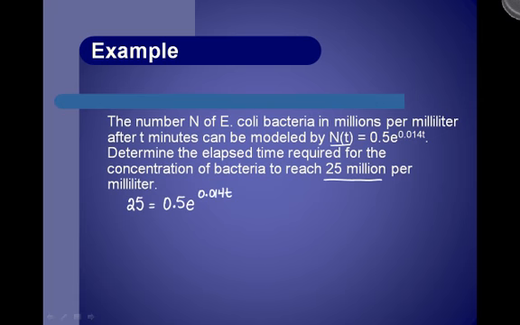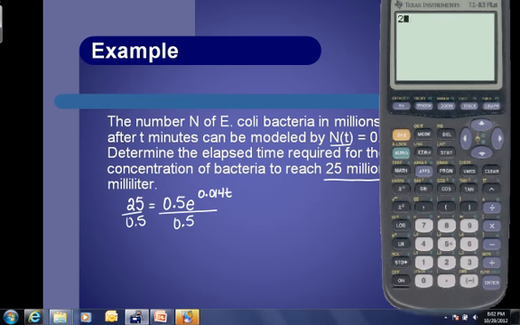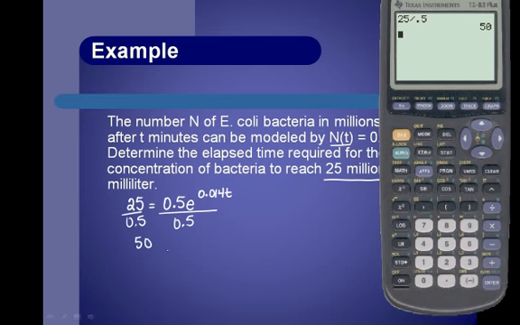The first thing we're going to do is divide both sides by 0.5. So we get 25 divided by 0.5, and that would give us 50. So we get 50 is equal to e to the 0.014t. Well, we're trying to find the power, so to find the power, we do the log. This is base e, so we're going to do the natural log of both sides.